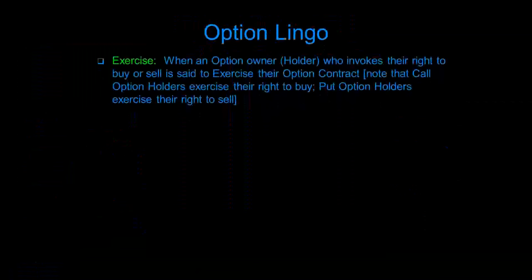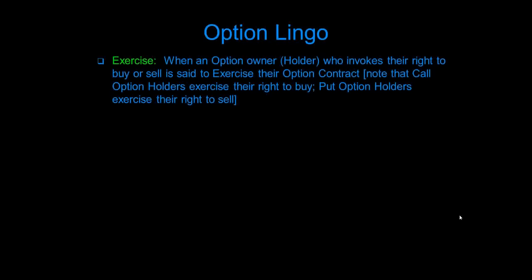Exercise is another very important term, and you may have heard it before. An option owner, which is a holder of an option, can invoke their right to buy or sell. That means they are said to exercise their rights to that option contract. Note that a call option holder exercises their right to buy, and a put option holder exercises their right to sell.